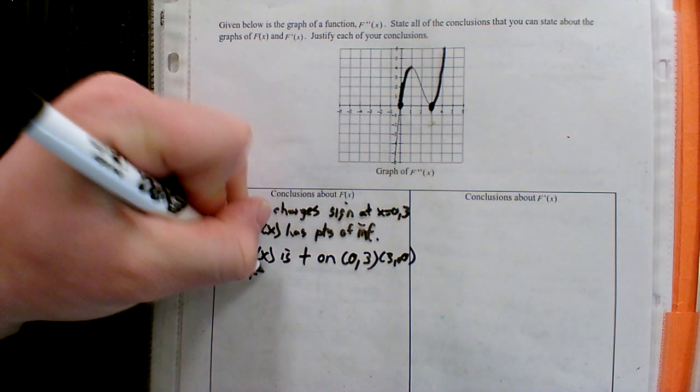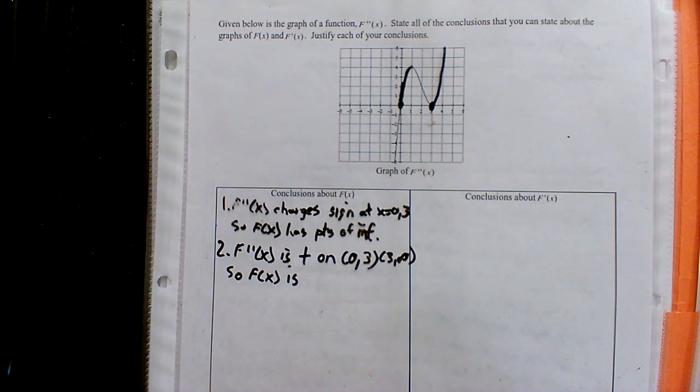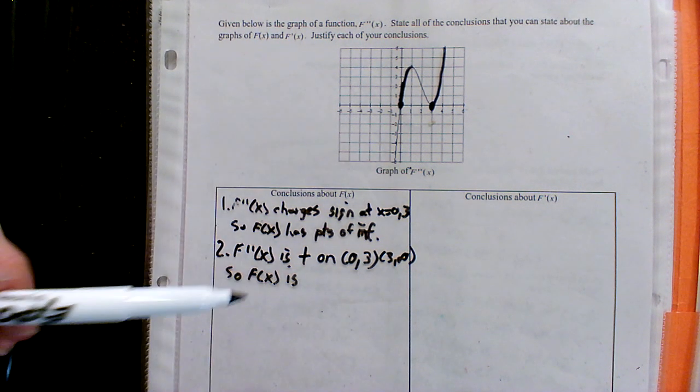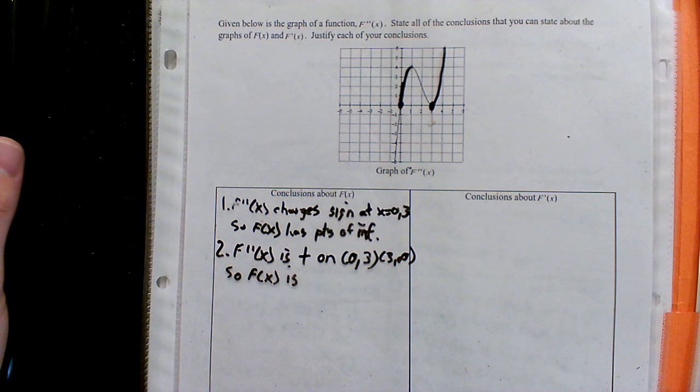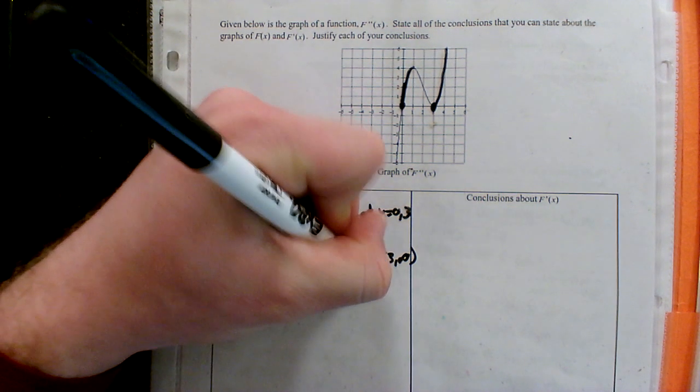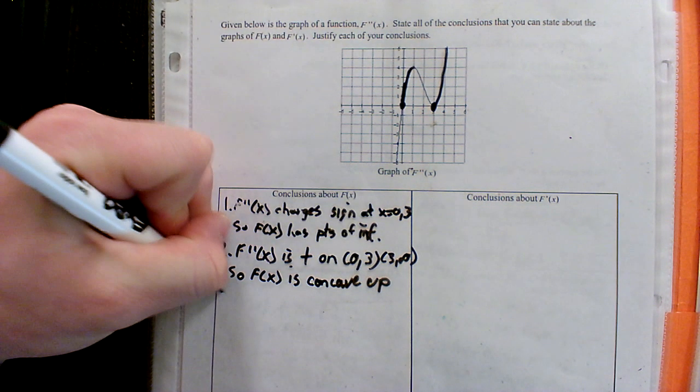So the original is what? So think about your second derivative test. We're dealing with the second derivative right now. What does that tell us about the original? We know that we're positive on those two intervals. Exactly. Think about that table we created. When the second derivative was positive, it was concave up.